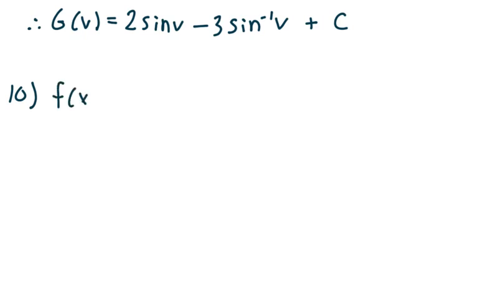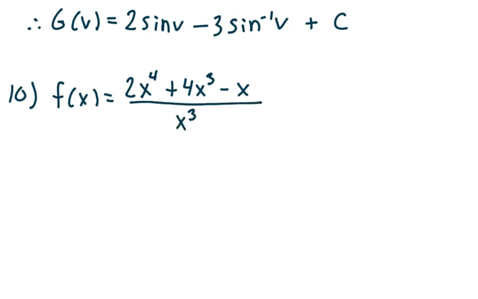Suppose f(x) = (2x⁴ + 4x³ − x)/x³. Now, x can't be 0, so we have to have a restriction. And the restriction here will be x is greater than 0.